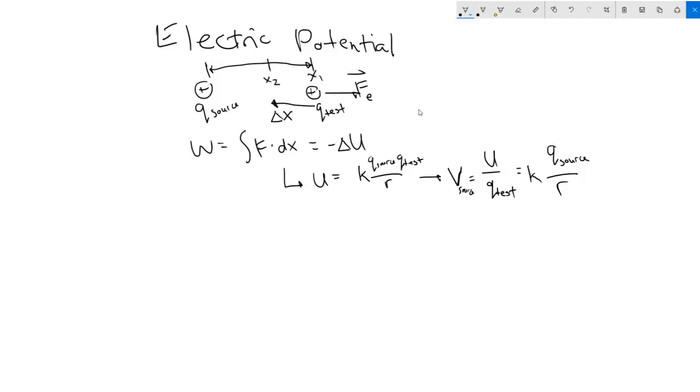The other way to look at potential, instead of in terms of potential energy, is to look at it in terms of the electric field. So the change in the electric potential is equal to the negative integral of the electric field over some positional change, right? The negative of it.